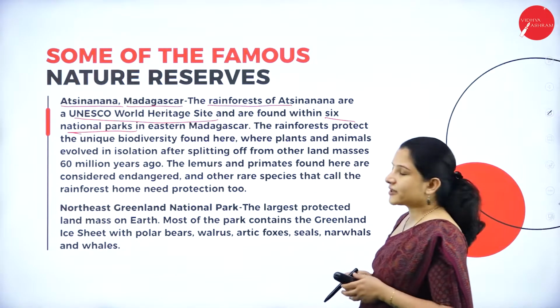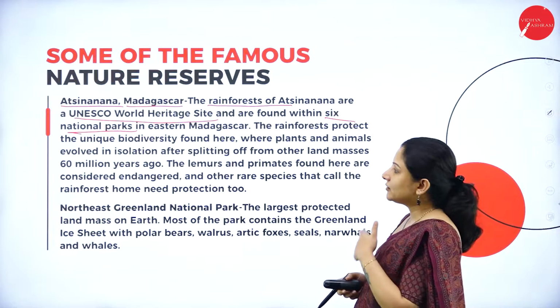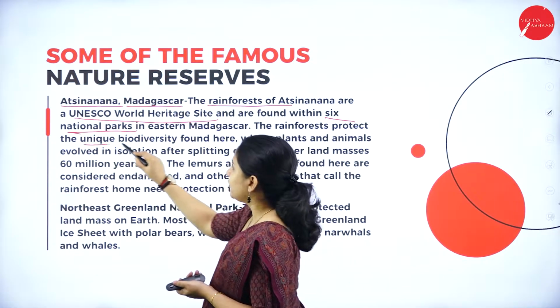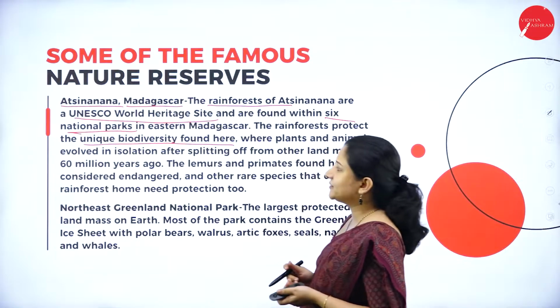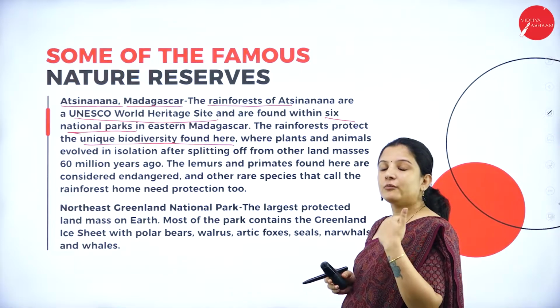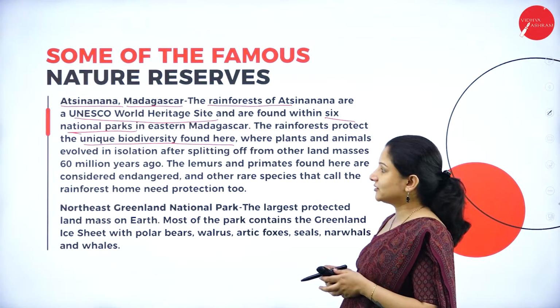And because it is entirely made up of rainforest, the national park has unique biodiversity, wherein you find different types of plants and animal species that have evolved there and formed into new forms of species which you don't find anywhere else in the world.